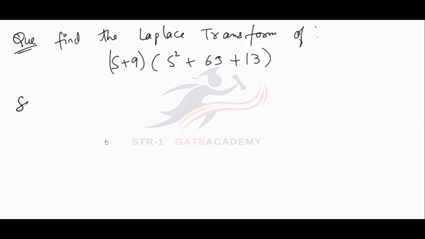So first let us multiply this. This will become s cube plus 6s square plus 13s plus 9s square plus 9 times 6 is 54s plus 117.